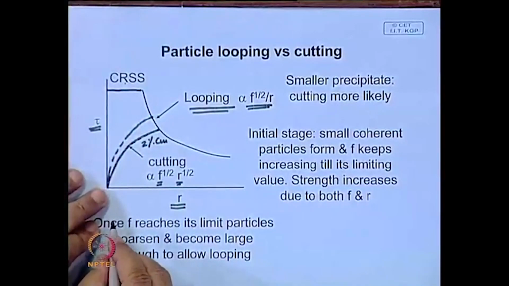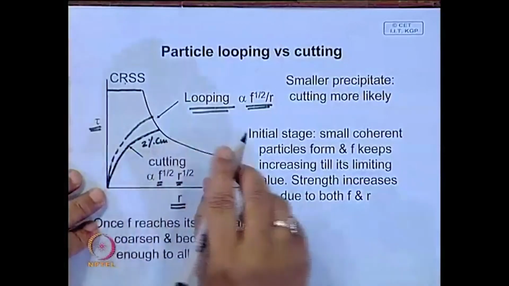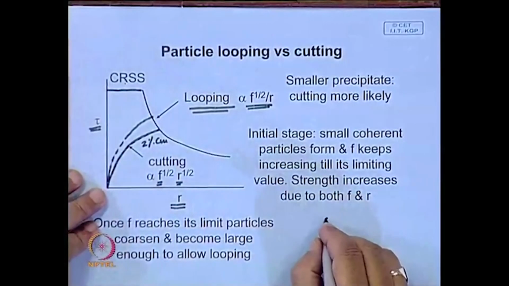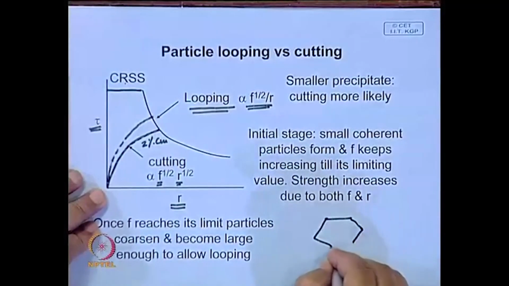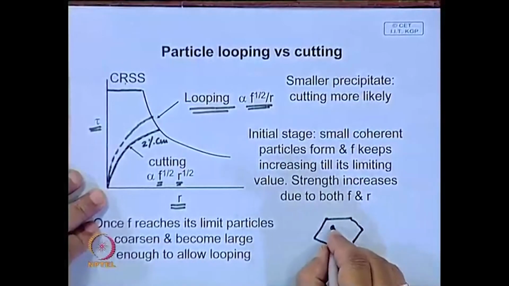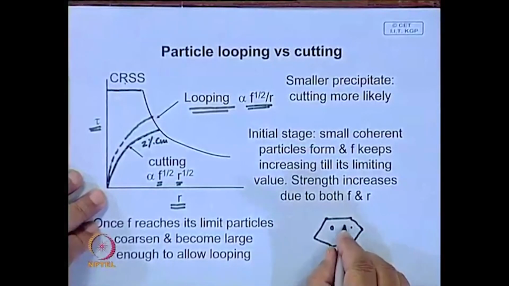So, in the actual process of precipitation, suppose this is a grain. Two things are happening: you have a precipitate forming and this precipitate also grows. You have another precipitate forming and this also keeps growing.